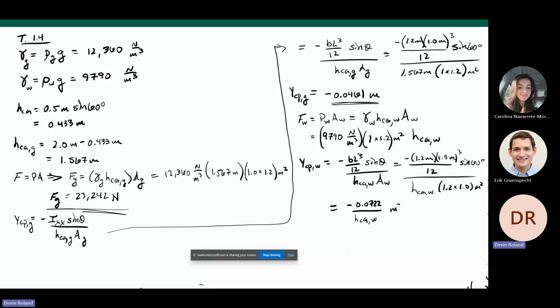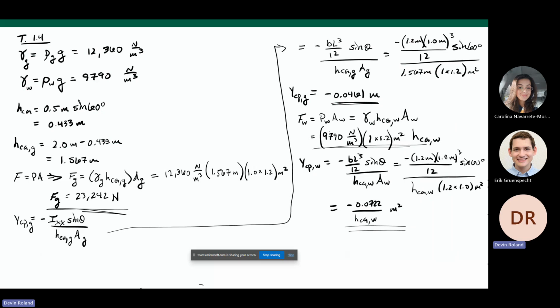And that whole thing is in meters squared because we don't know that HCG water yet, because this will be in meters HCG water, so that'll cancel one of those meters if we had a value. All right, so then that means that we've calculated our YCP values and our forces for both of these fluids. I'm just underlining them as I go.